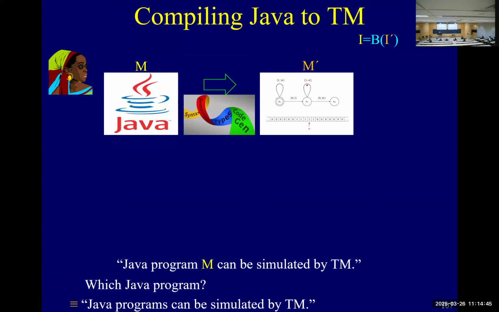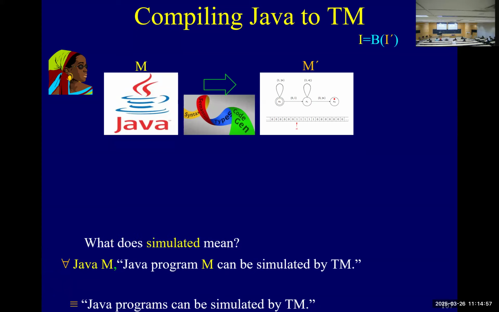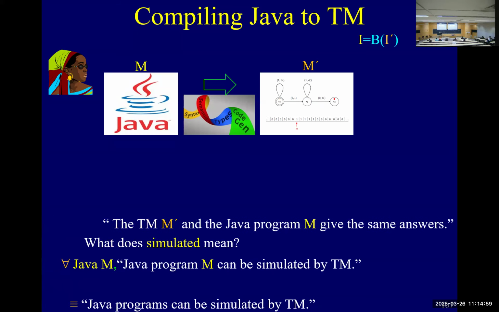Which Java programs? We want to say all Java programs can be simulated by a Turing machine, right? What does that mean? What does simulated mean? Well, M prime simulates M if it gives the same answers, right?